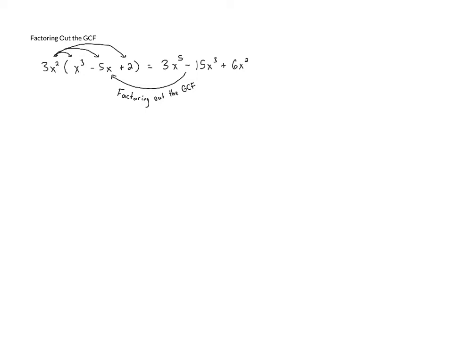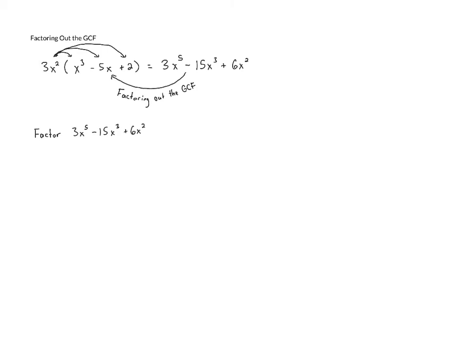We're going to do it the slow way, where we show all of our work and see where everything comes from, and then we're going to look at the slightly quicker way. So let's start. We are going to factor 3x to the 5th minus 15x cubed plus 6x squared.